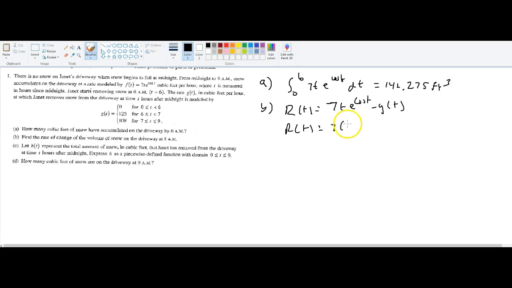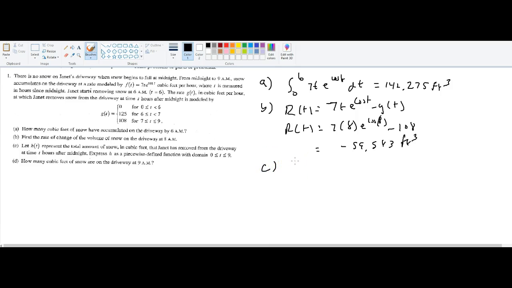The rate at 8 a.m. So 8 e to the cosine 8 minus g of 8. Well, at 8, she's removing snow at a rate of 108. So therefore, I slap this in my calculator, and I get negative 59.583 cubic feet per hour. So in other words, she's shoveling faster than it's falling, which is a good thing to have happen in your life.